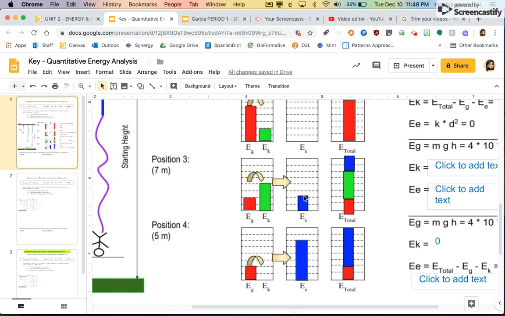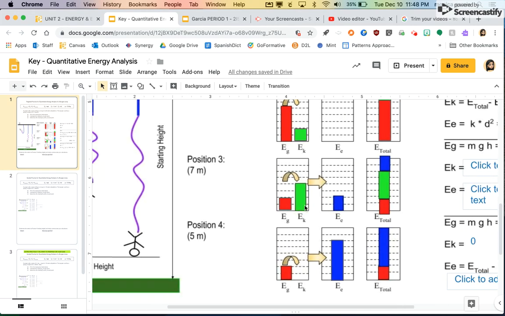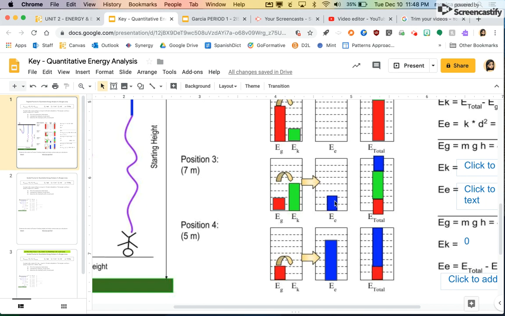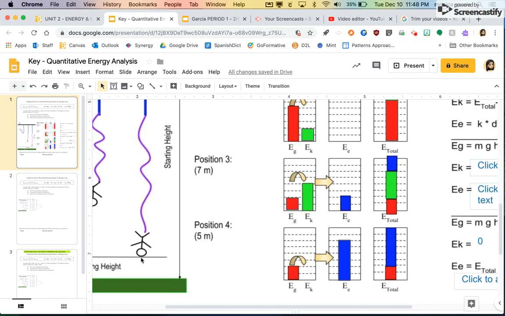Some of the energy is going into the elastic because it's being stretched, so this increases the elastic energy. So this third position is where you get all 3 types of energies. And then finally in the fourth position, you still have some gravitational because the bungee jumper is still above the ground, but most of it has transformed and transferred into the bungee cord as elastic energy.